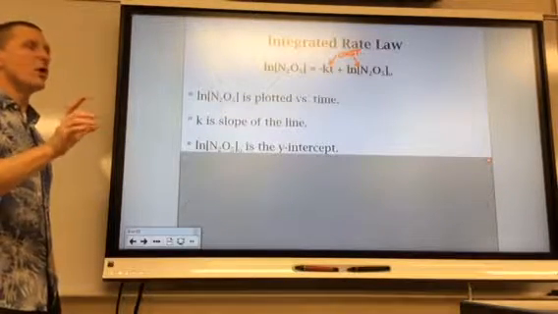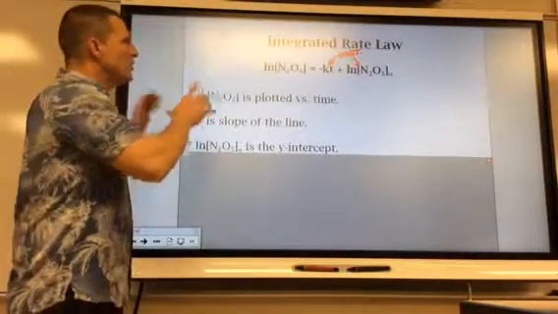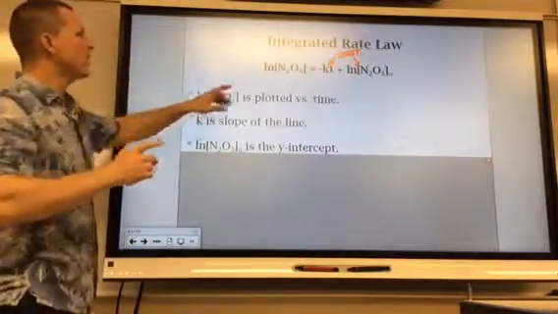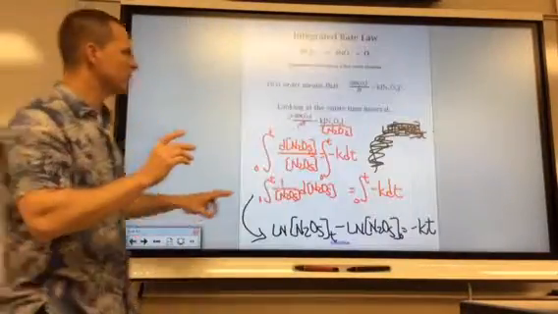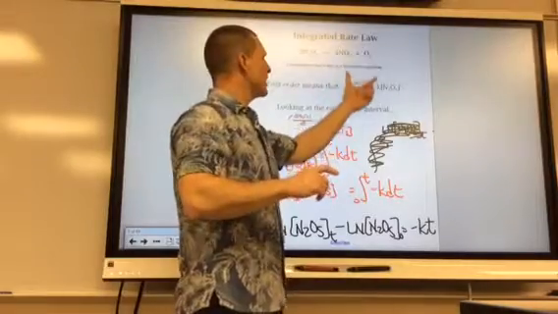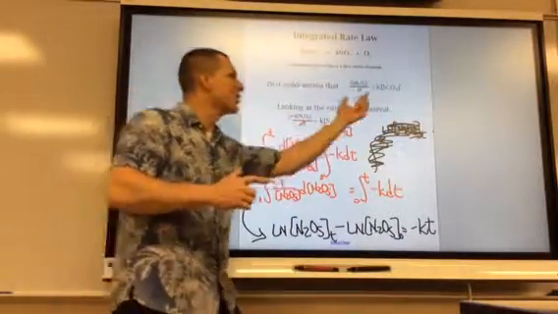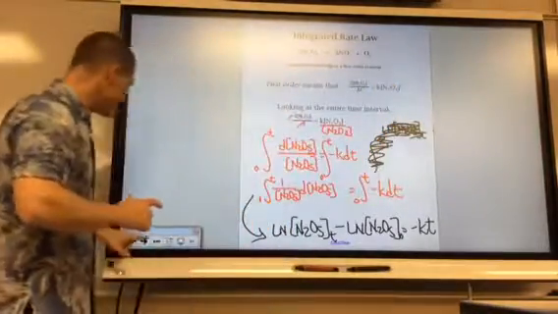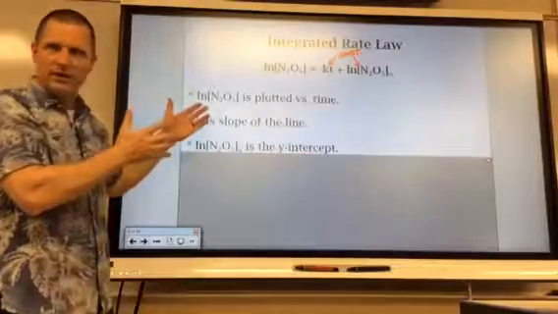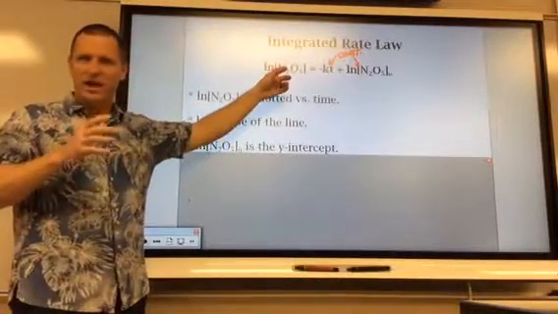Now, it was important to notice that this was true only because this is a first-order reaction. I'm going to just change the slide for a second on you. I told you it was a first-order reaction, and because of that, we had that first power there. So when it integrated, it mattered that the N2O5 concentration was to the first power. So this is only good when the reaction is first order in the reactant concentration.